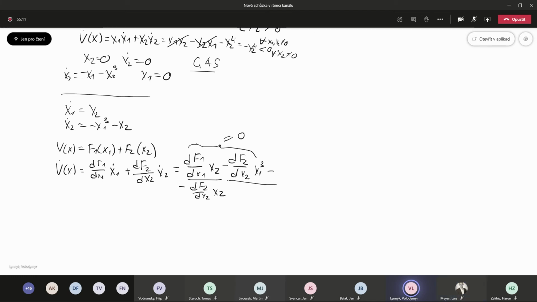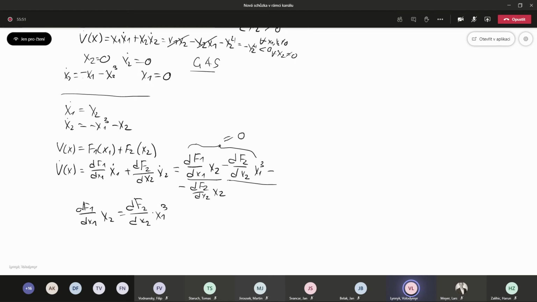So df1/dx1 times x2 is equal to df2/dx2 times x1 cubed.